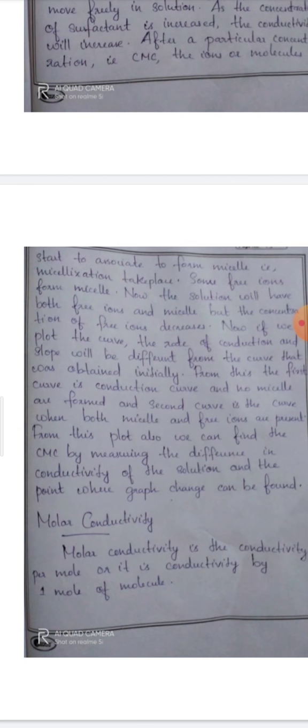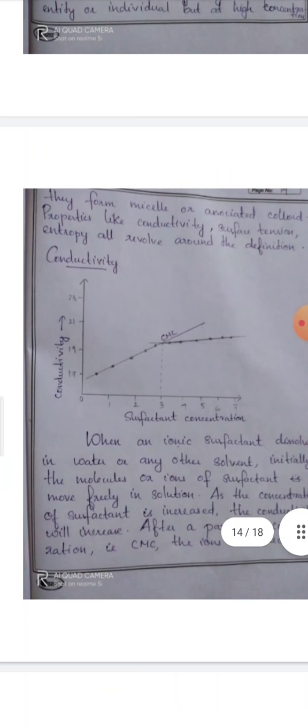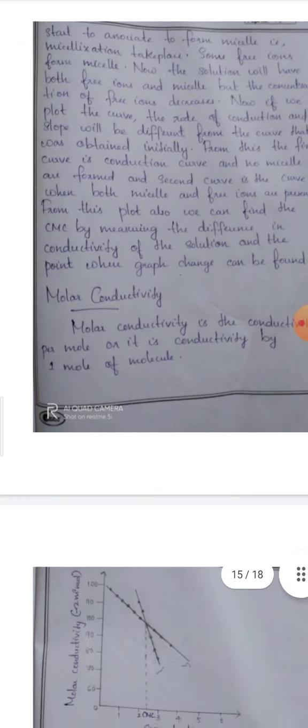Some free ions form micelles. Now the solution will have both free ions and micelles, but the concentration of free ions decreases. Now if we plot the curve, the rate of conduction and the slope will be different from the curve that was obtained first. The first curve is a straight line, where no micelles are formed and it is only the conductivity curve.